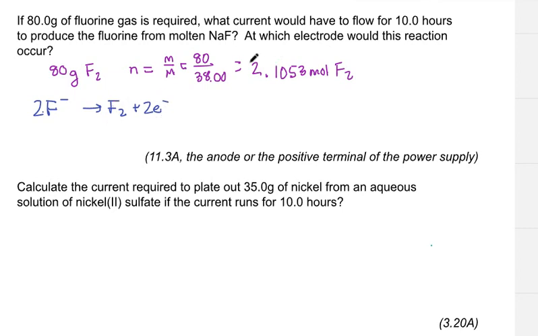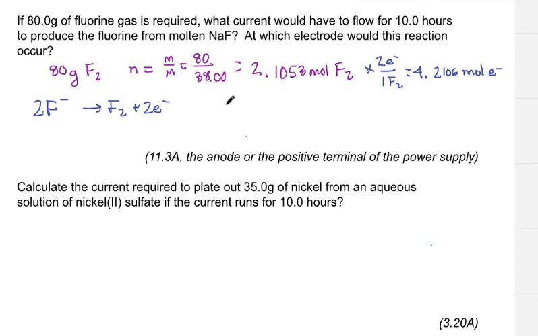So if you want this much fluorine, multiply that by 2. It takes 2 electrons to make 1 fluorine, and we get 4.2106, if my brain math is correct, moles of electrons.